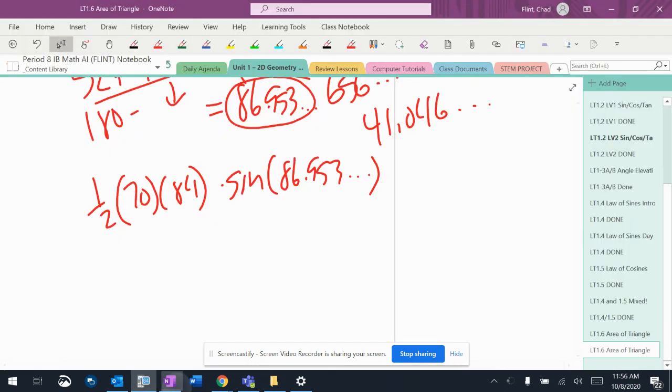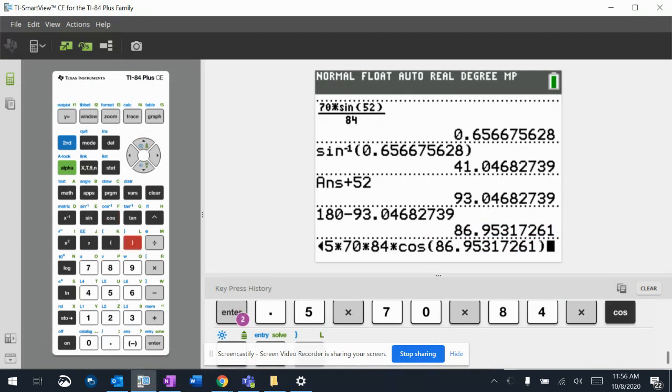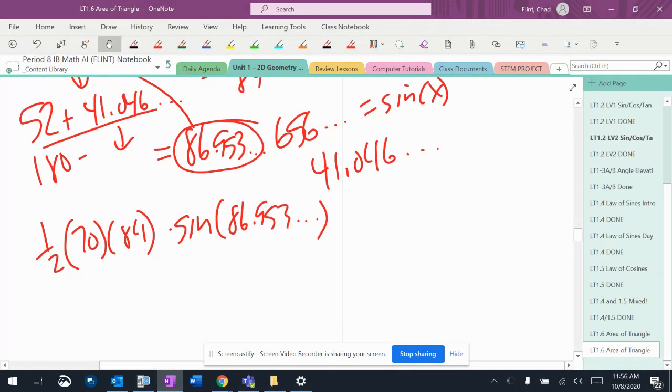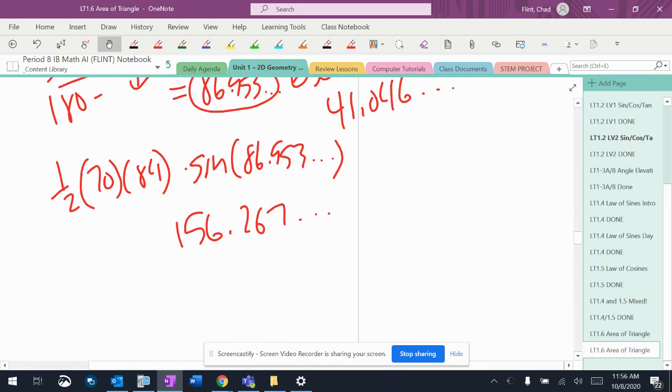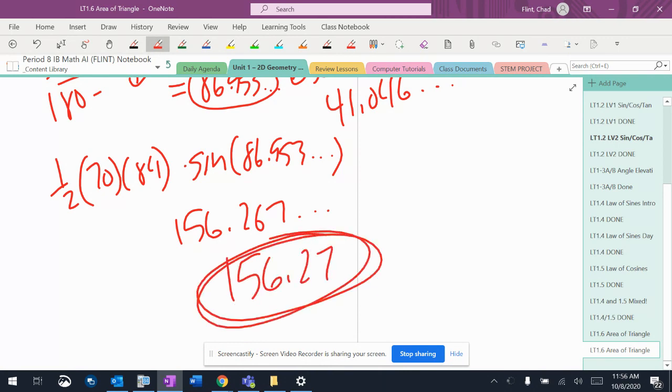So 0.5 times 70 times 84 times the sine. I'm just going to go grab the angle there. And it's going to give me 156.267. I do not think it told me what to round to. It didn't. So 156.27 for now is going to be my area.